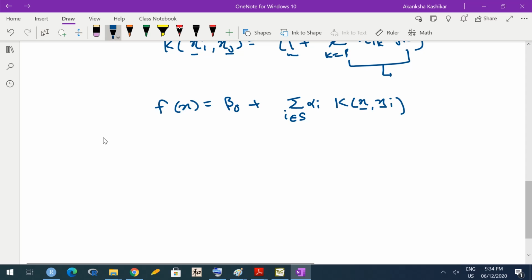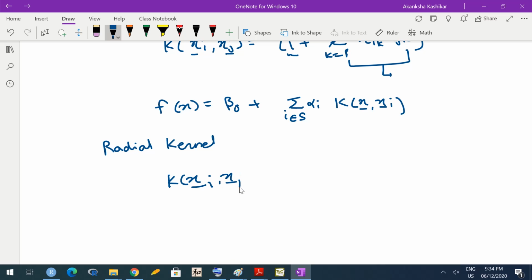One other widely used kernel is known as the radial kernel function. So what is the radial kernel? K(xi, xj) for a radial kernel would be e raised to minus gamma times the sum over k going from 1 to p of (x_ik minus x_jk) whole squared.